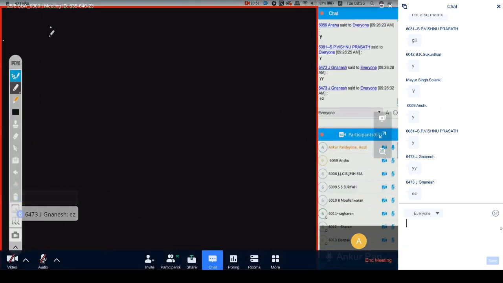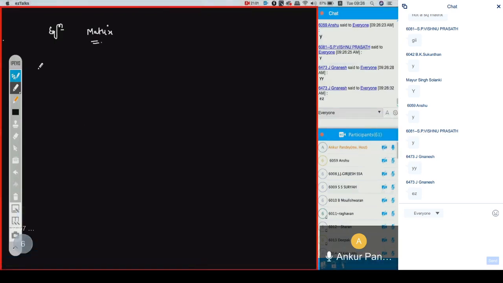Then comes equations associated with matrices. I'm not saying the solution of simultaneous equations Ax equal to B. No, I'm saying there is an equation which is matrix based.